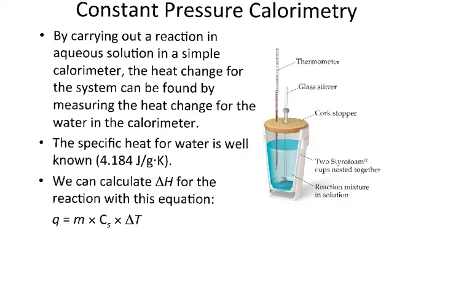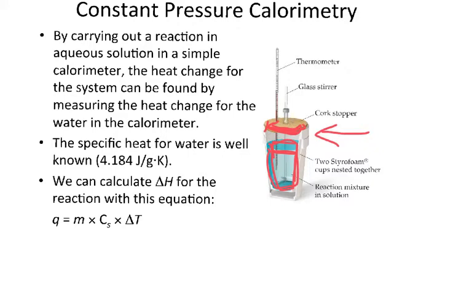Okay, so let's talk about constant pressure calorimetry, and this is what you're actually going to do in lab. In coffee cup calorimetry, you have some sort of insulating material, maybe a lid that fits on it, and a reaction mixture in this insulated cup.